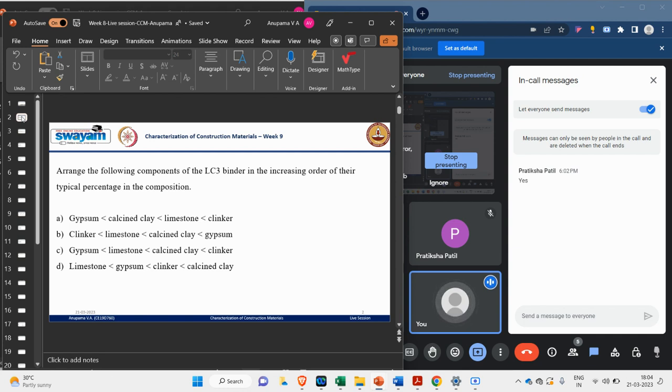I hope the screen is visible. So, what is the percentage composition of each of these components in LC3 binder? LC3 binder is limestone calcined clay cement.